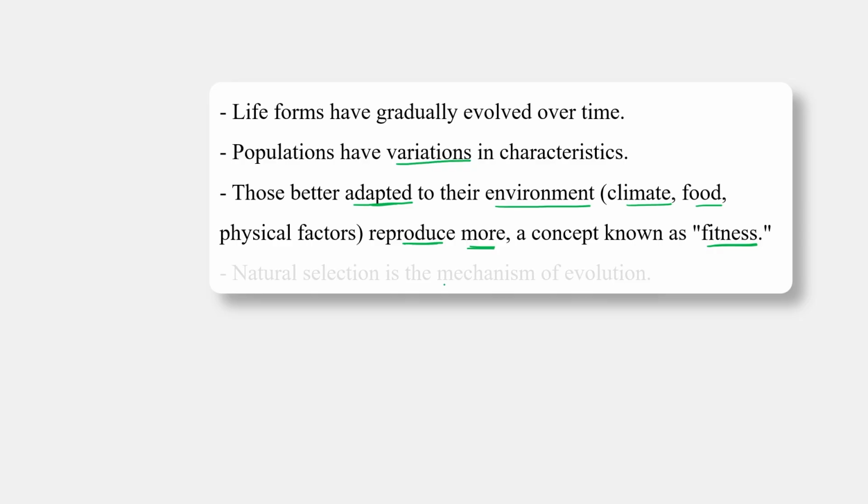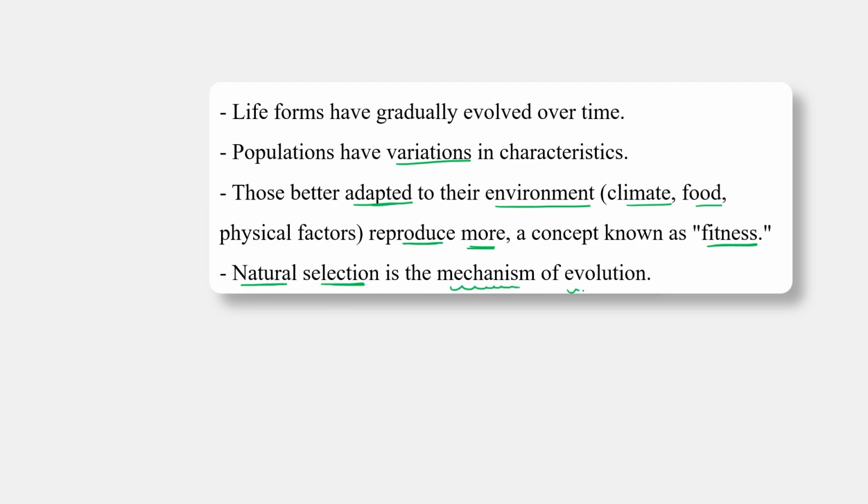So only those individuals showing reproductive fitness, adapted according to the changed environment and changed physical conditions of the earth, are selected by nature in a natural selection process, and this natural selection is the mechanism of evolution.